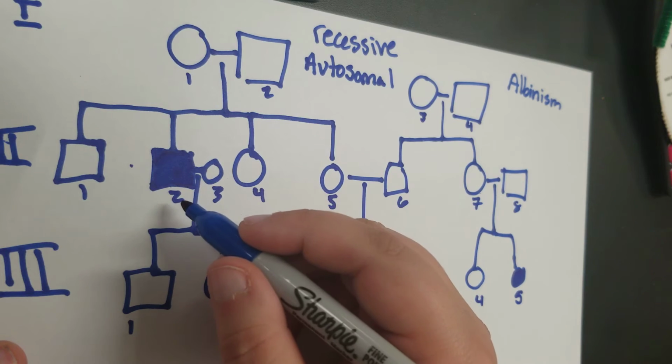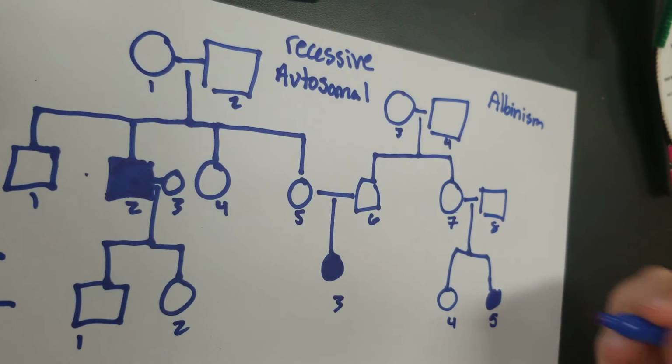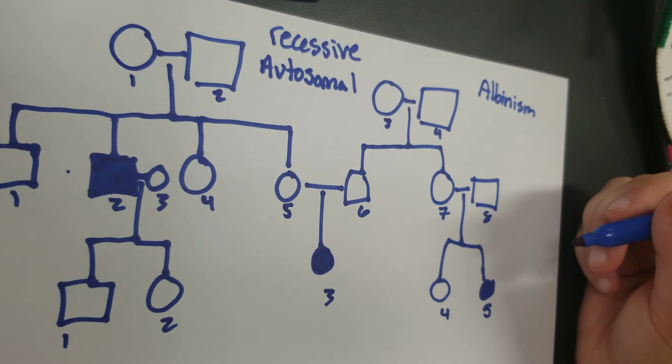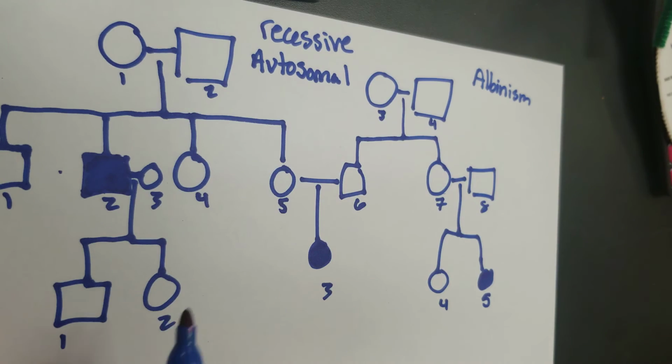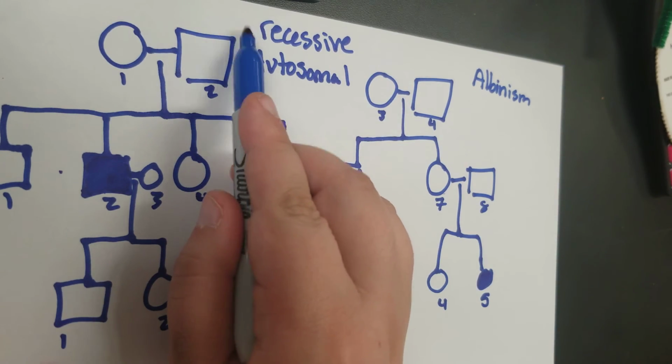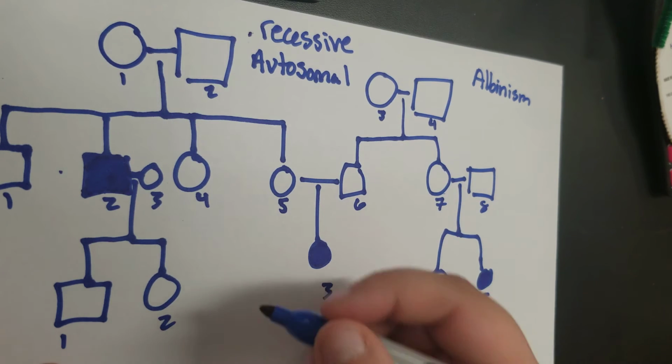If we go through, we can figure out the genotype of the shaded in people who are albino. We can do that because we know this is a recessive trait. The only time recessive traits are expressed is when they are homozygous recessive.